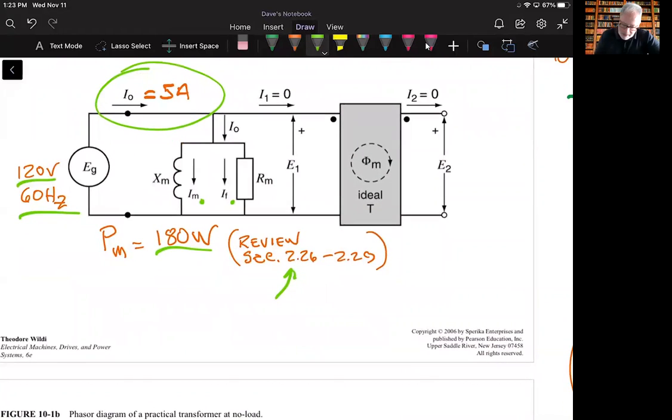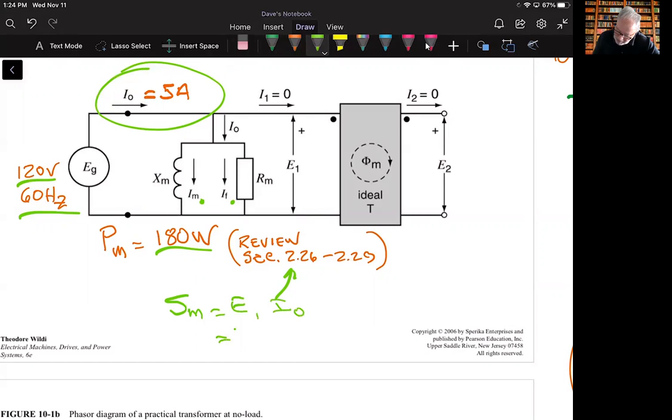Well, we can get there using these topics back from 135, where we looked at apparent, reactive, and true power, or active power, whichever one you want to call it. And we know that relationship. So the apparent power, S, is going to be E sub 1 times this current.